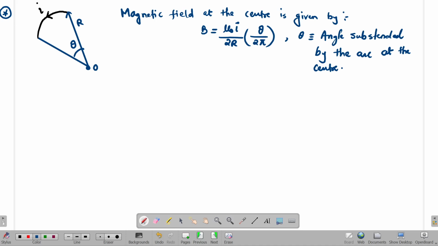Now the question arises, sir, where will be the direction of the magnetic field? As magnetic field is a vector quantity, what will you do? There is a process.